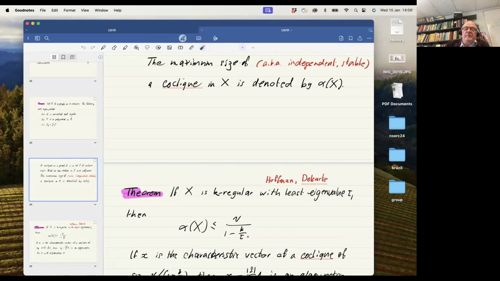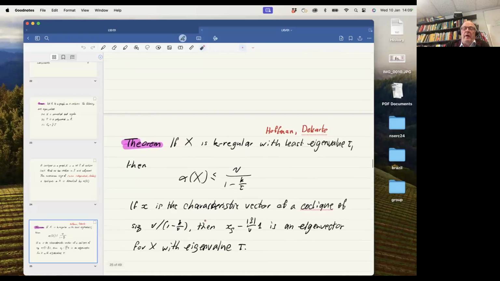We need to specify the accuracy, but alpha of X is an integer, so we don't need anything too wonderful. So we can compute the right-hand side in polynomial time. The parameter on the left-hand side is, as I said, NP-hard to compute. So in most cases this bound is not going to be tight, but it is tight in many interesting cases.